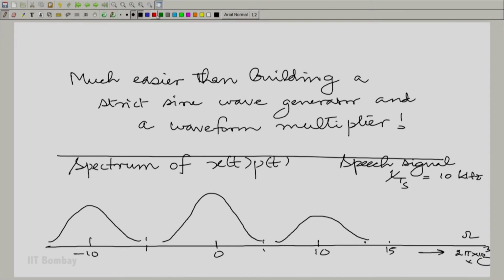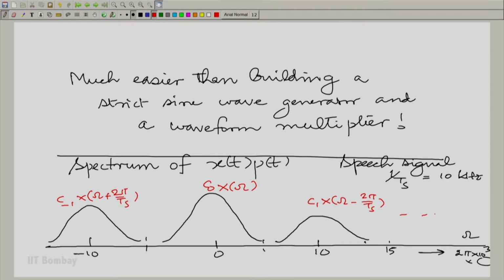Essentially you would have capital X(omega) as it is here, but multiplied by C0, and then C1 X(omega minus 2 pi by Ts), and C minus 1 X(omega plus 2 pi by Ts), and so on.